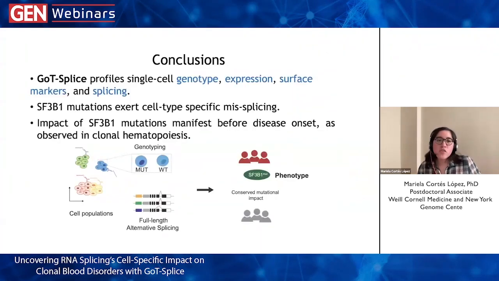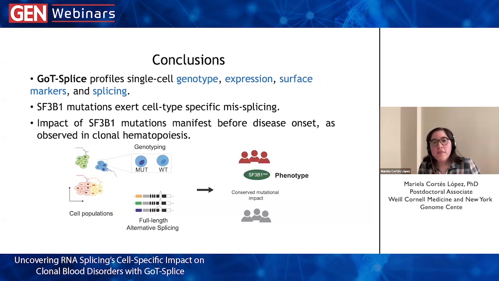So in conclusion, GoT-Splice is a technique that allows for the profiling at the single cell level of genotype and expression, surface markers, but also splicing. And SF3B1 mutations tend to be very specific to certain cell types, in this case, some erythroid progenitors.